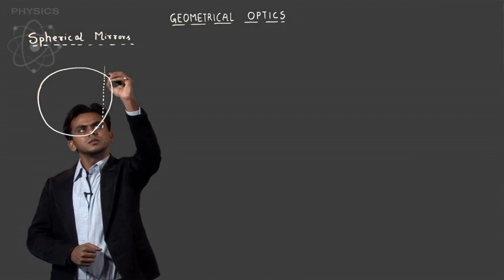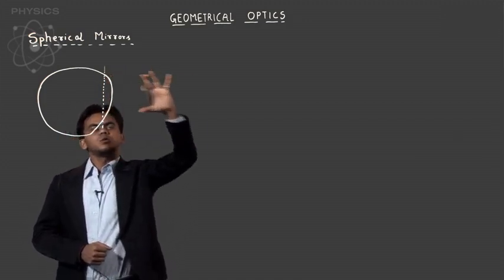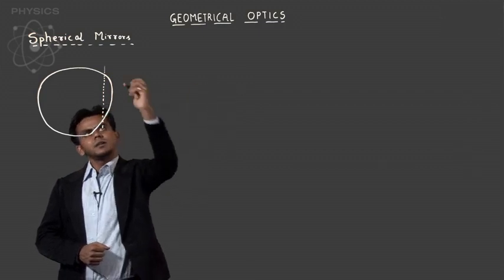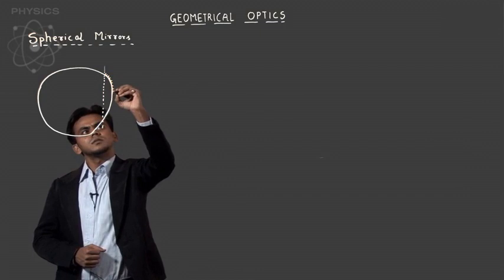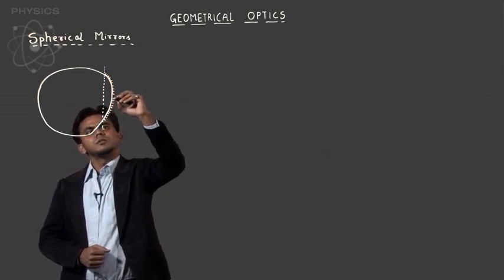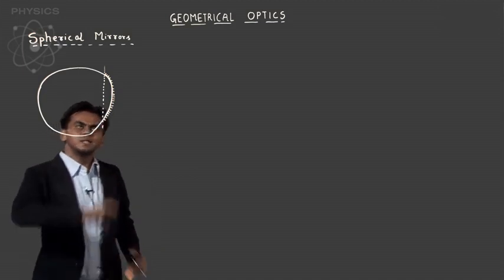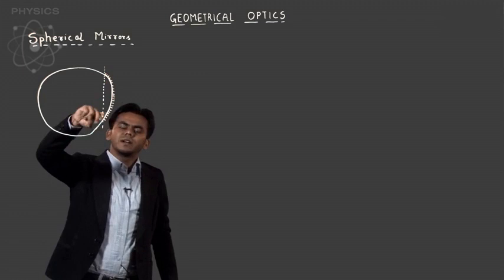What happens is, this portion of the sphere comes out of the sphere, and if you polish this surface, this face of the cutout portion, this becomes non-reflecting. This becomes a reflecting nature.